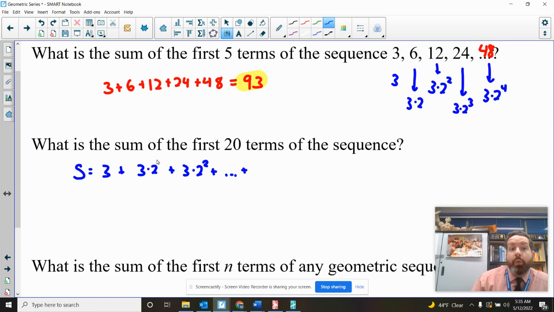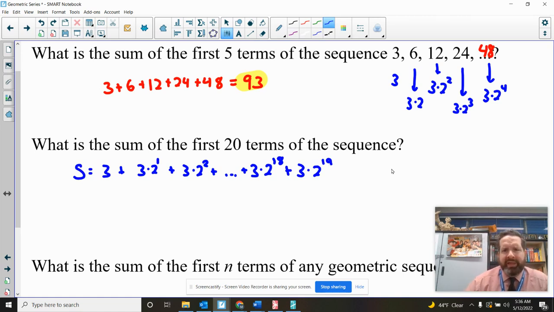The second term had 2 to the first. The third term had 2 to the second. So the exponents on the 2 are always 1 lower than the term number itself. So the 19th term will actually be 3 times 2 to the 18th. And then the 20th term will be 3 times 2 to the 19th.